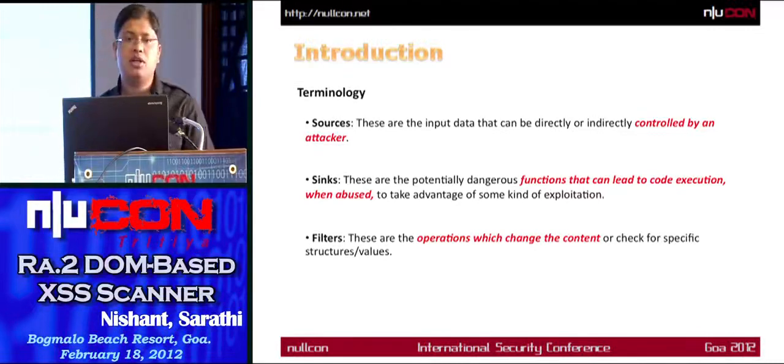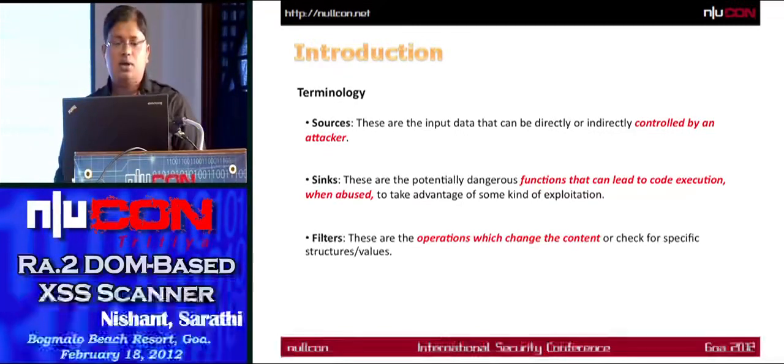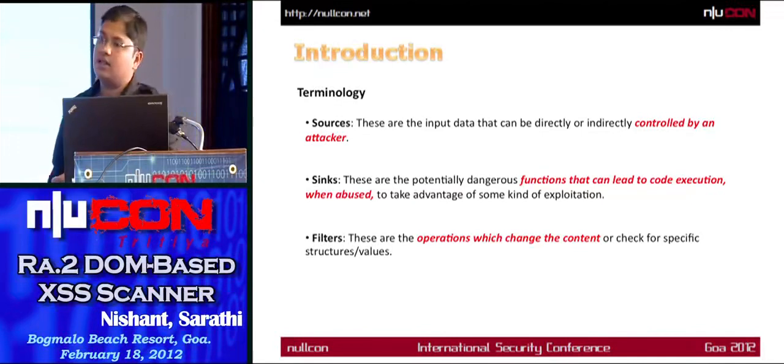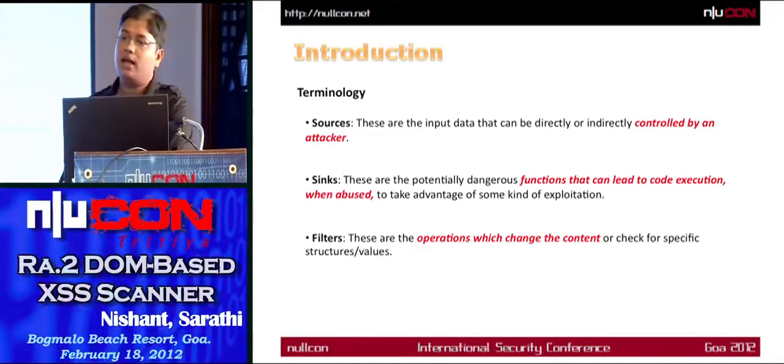Before going deep into our tool, I'd like to explain some of the key terminology that we'll be using again and again. The first one is sources. Sources are the entry points that a user can control, and through which he can send his payload. A very good example would be the URL parameters.